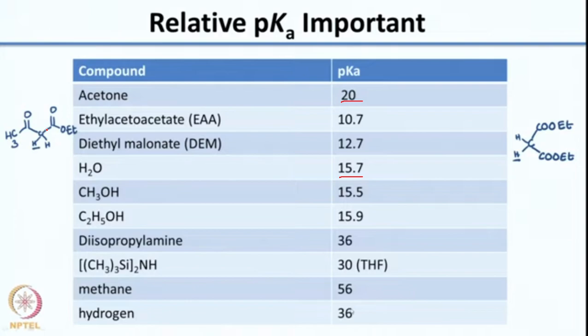Here you can see the acidity of ethyl acetoacetate is more compared to acetone because of the stability of the resonance structure, right? If you see the structure, this can undergo resonance this way. So here the stability is more compared to acetone.